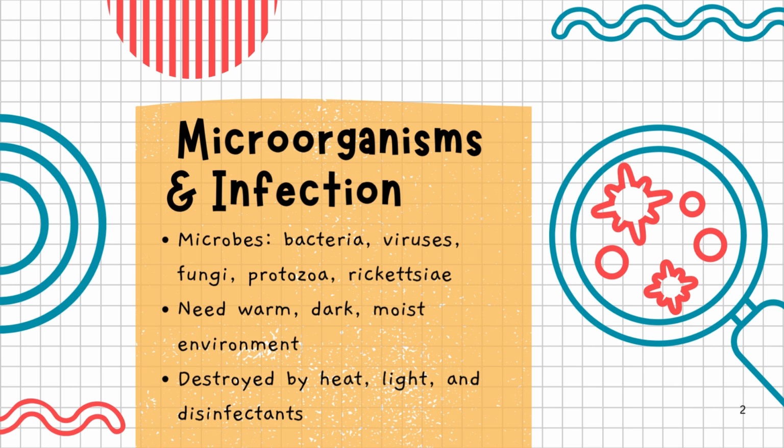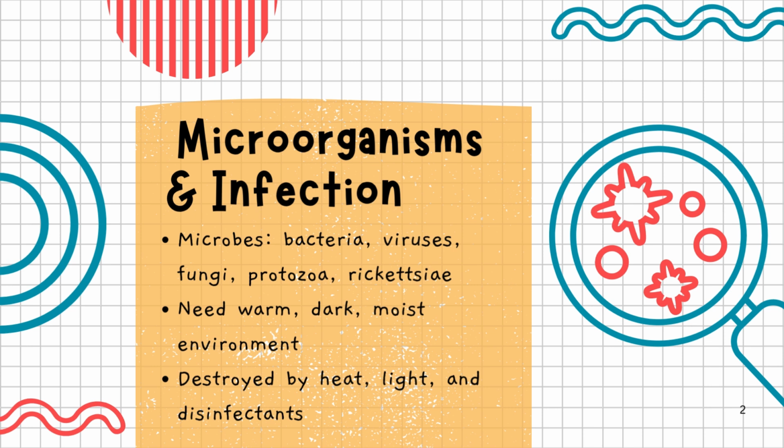There are 5 types of microbes. There's bacteria, often called germs. These are one cell and they can cause infection in any body system. There are viruses. These can cause the common cold, herpes, acquired immunodeficiency syndrome, and hepatitis.